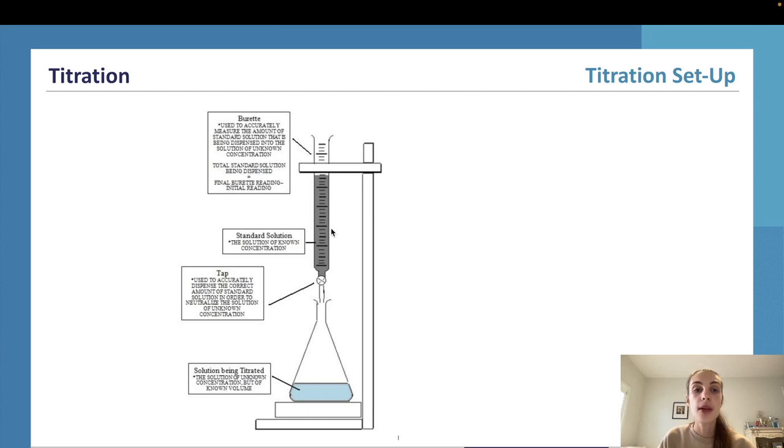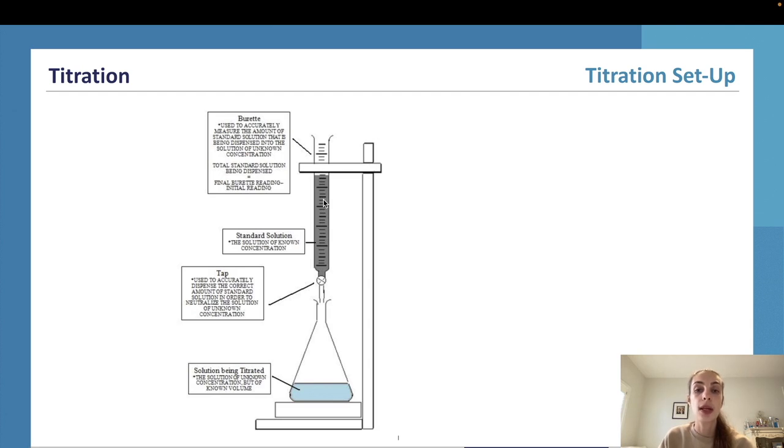Then we've got our burette. And so the burette is like a measuring cylinder, but it's very, very accurately marked with volumes, because we need to make sure that we're putting in and measuring very accurately the amount that we're putting in. And so the solution that we have inside the burette is what we call the titrant.